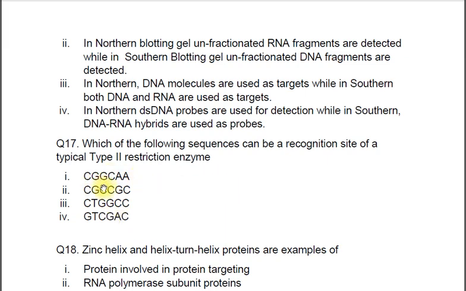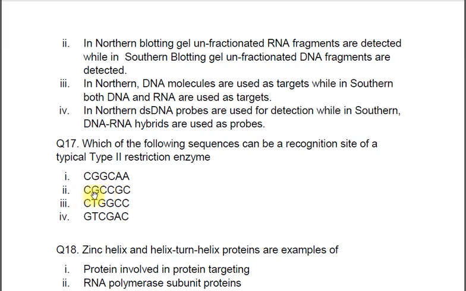You can see that when we write these sequences, there is one sequence which, when we write in either direction, whether 5' to 3' or 3' to 5', remains the same. That one is the second, CGCCGC, and when we write in the back direction it is CGCCGC.